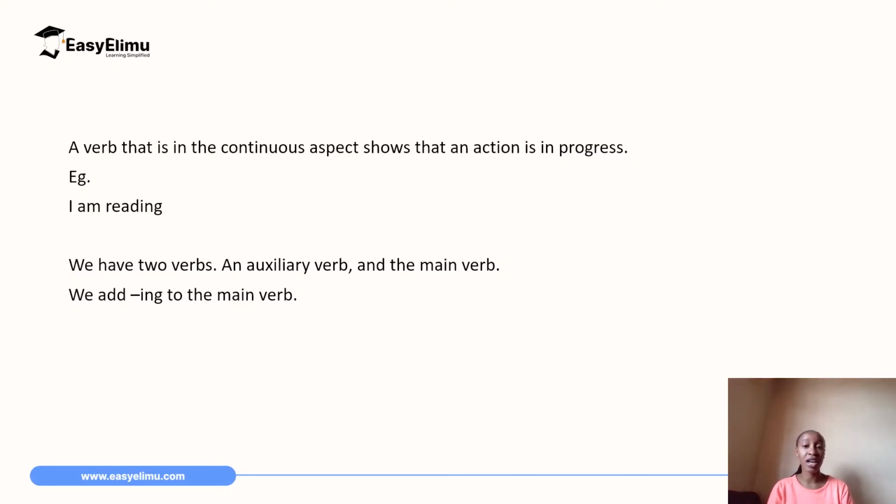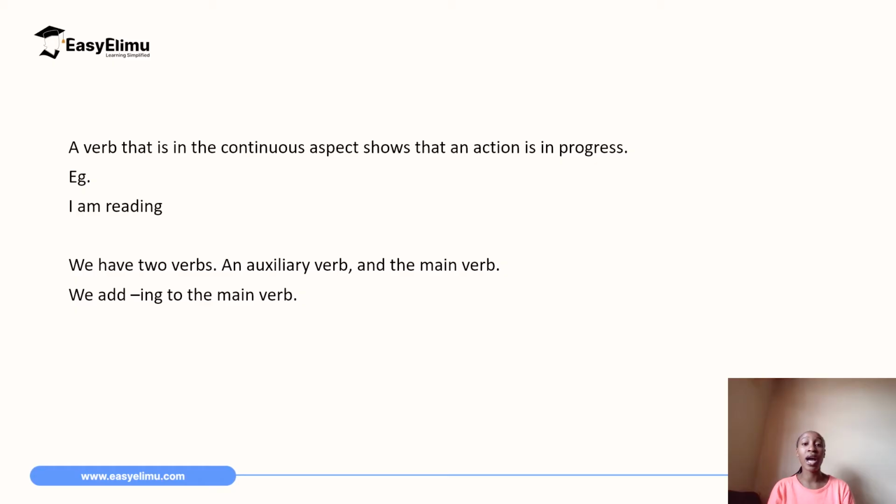And when you look at those sentences, you can notice that we have two verbs in those sentences, am and reading. For example, I am reading. We have am, which is an auxiliary verb, and then reading is the main verb.